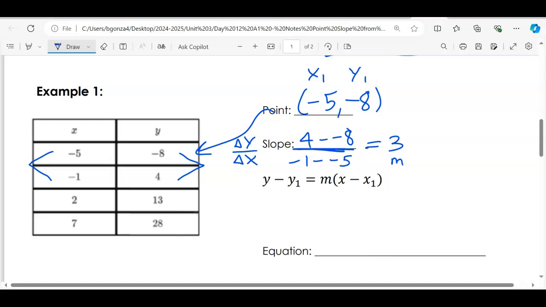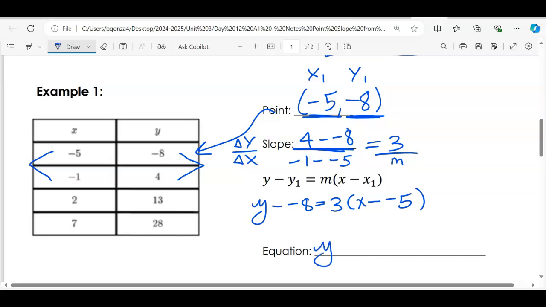Here we go. Y minus y1 is -8 equals m, which is 3, x minus x1 is -5. That's not the best way to write it because remember, minus a negative is a plus.